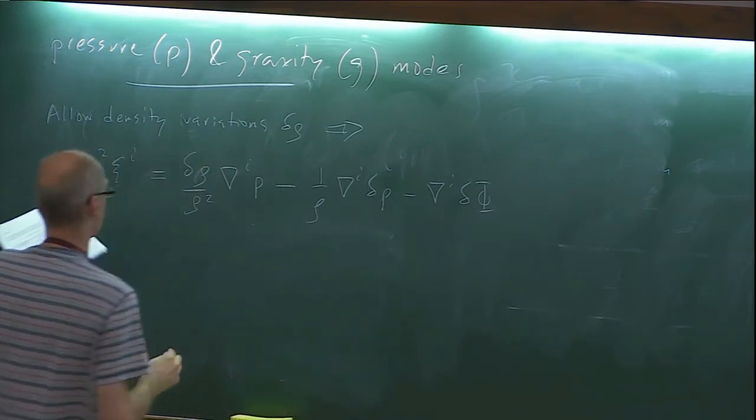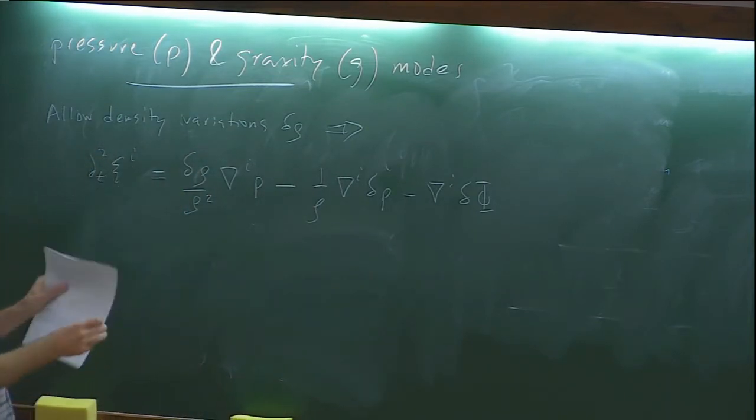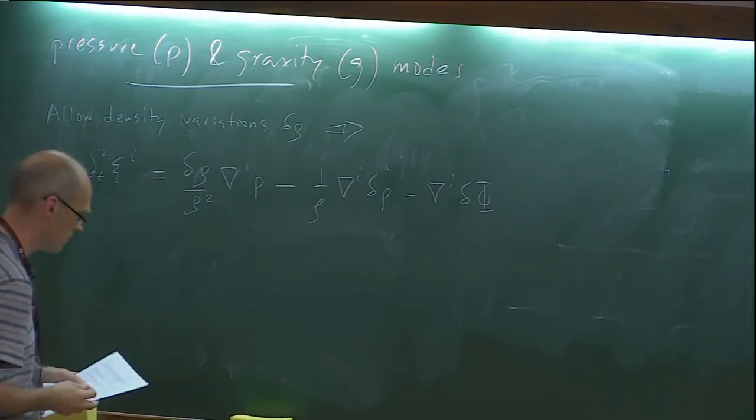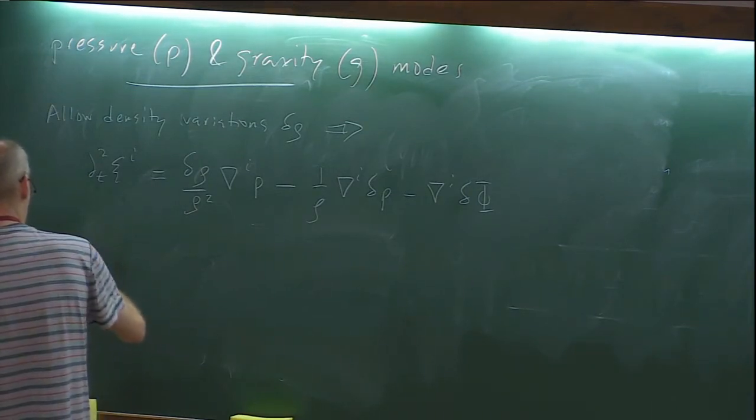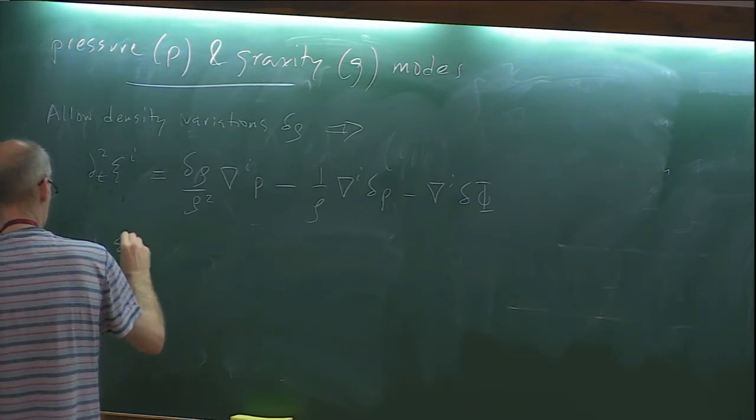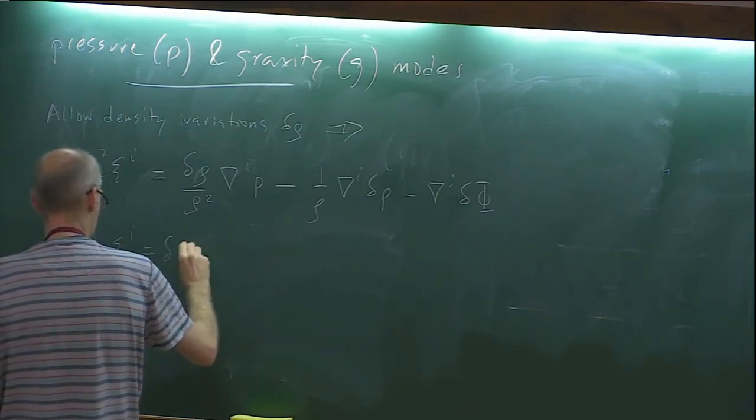So the equation changes to something like this. And then we have, as before, d/dt of xi is delta v.